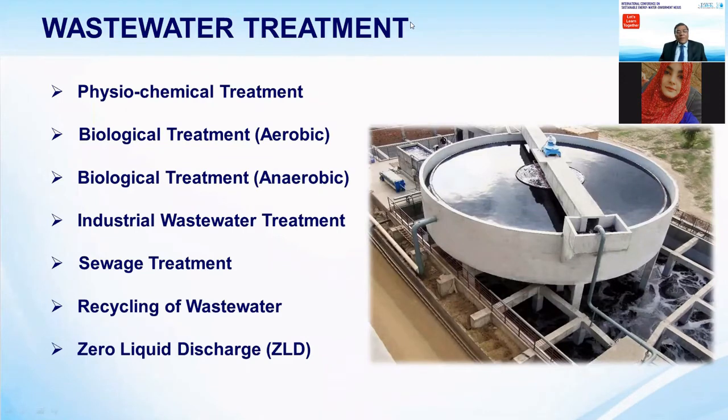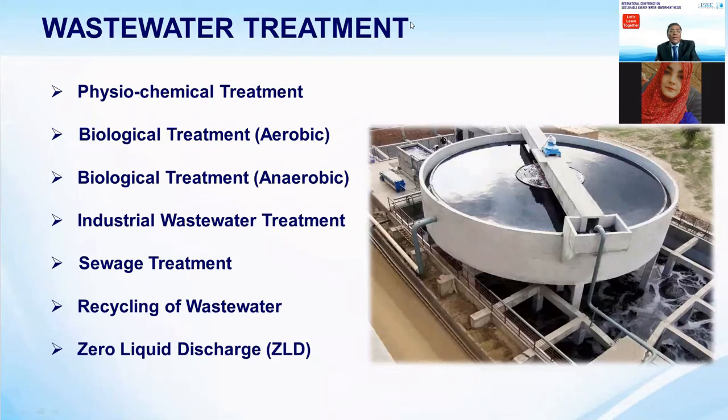First, we adjust the pH, and the temperature most of the time in the industry is more than 60 degrees centigrade. Before putting this wastewater into the biological system, we have to bring the temperature down to 40 degrees centigrade.